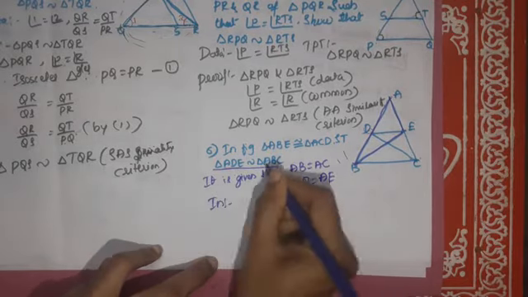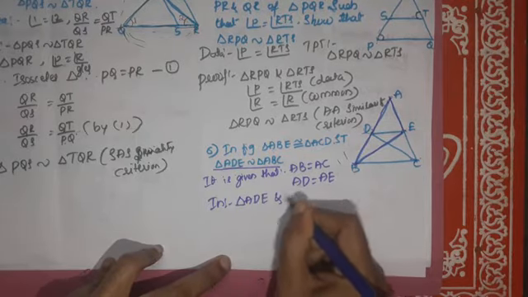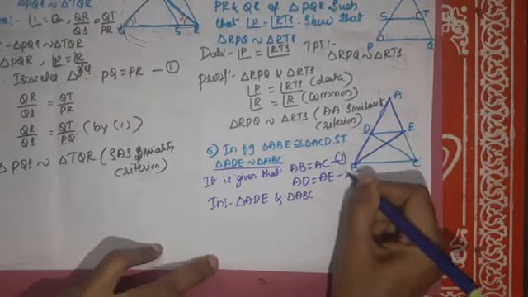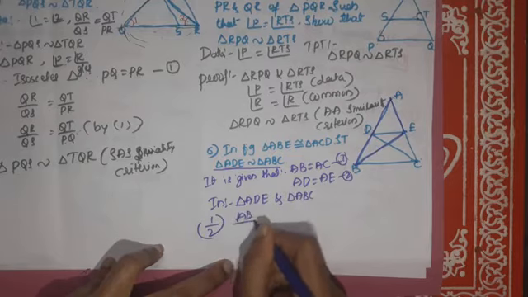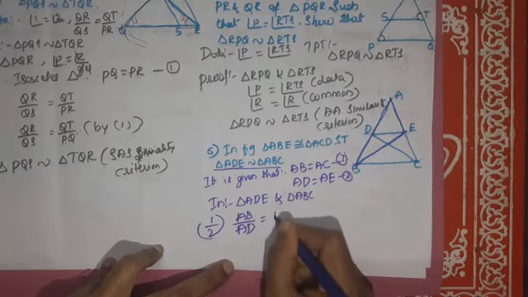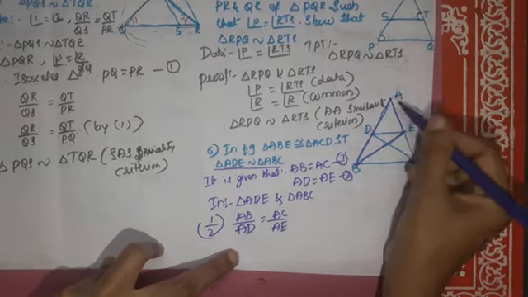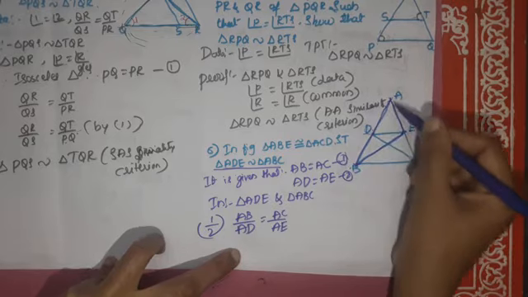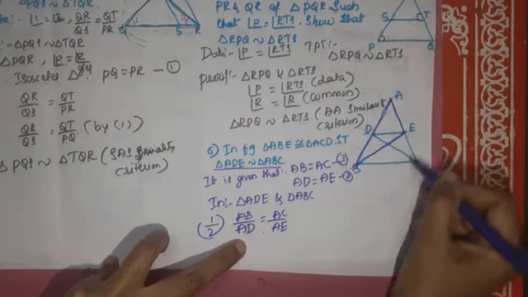We need to prove these two are similar, triangle ADE and triangle ABC. Just divide 1 by 2, we will have AB by AD equals AC by AE. So see here, in ADE and in ABC, AB divided by AD, then AC divided by AE.